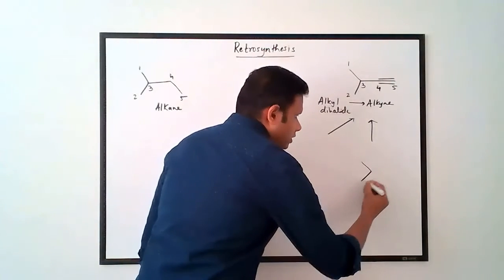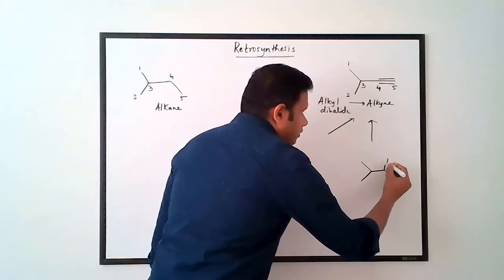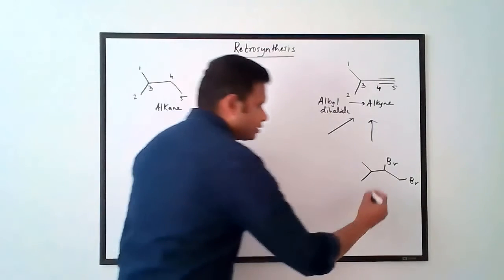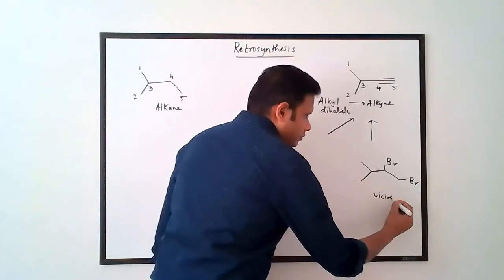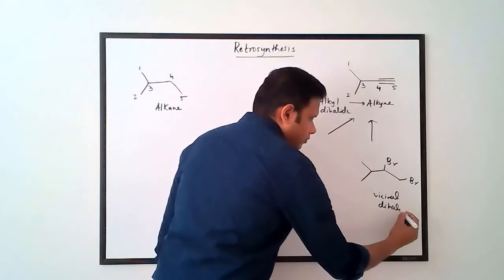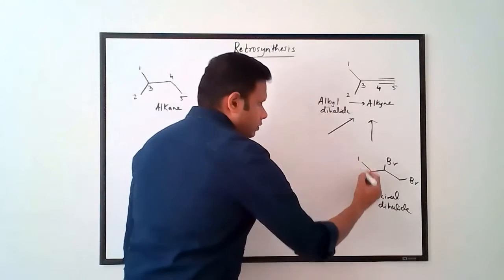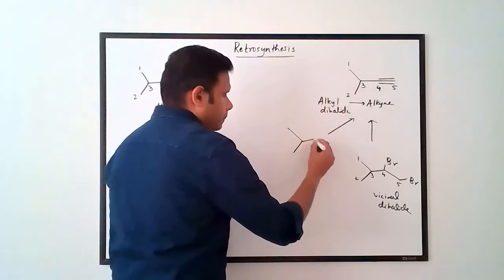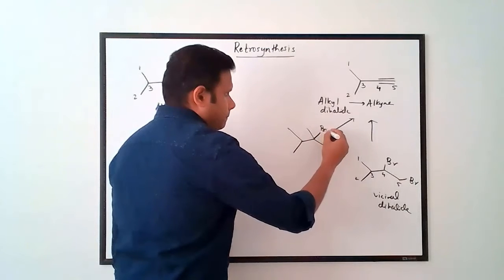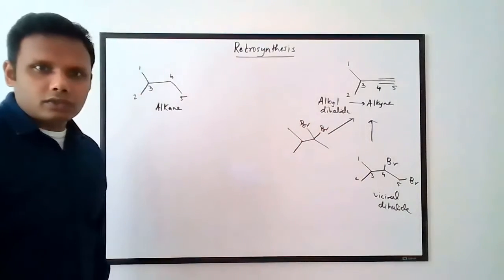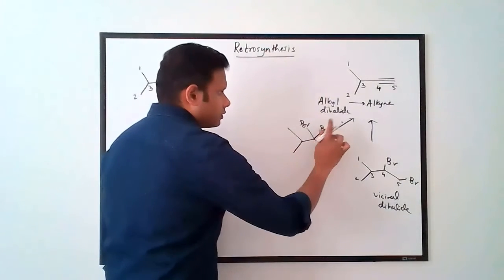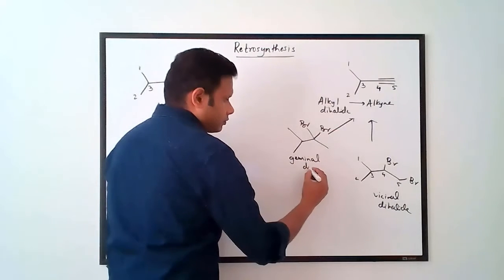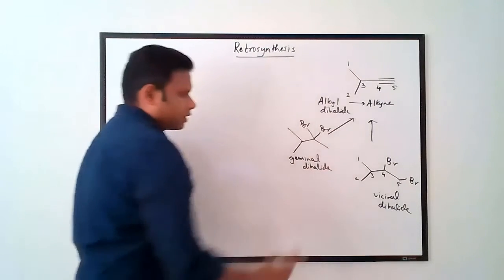That means we could have this molecule, which is a vicinal dihalide, with carbons 2, 3, 4, and 5, or we could have this molecule, which is a geminal dihalide.